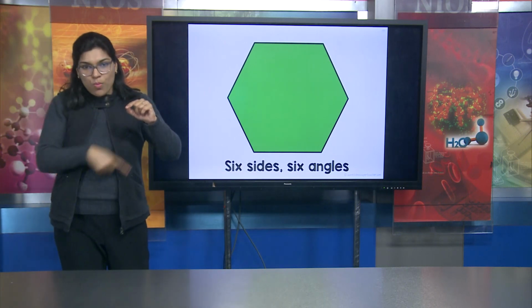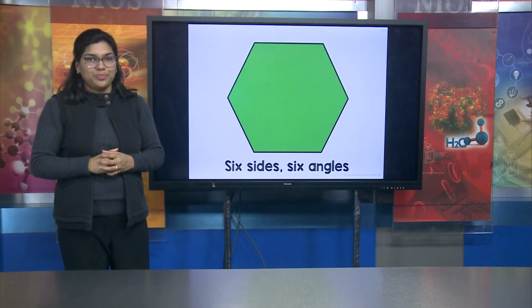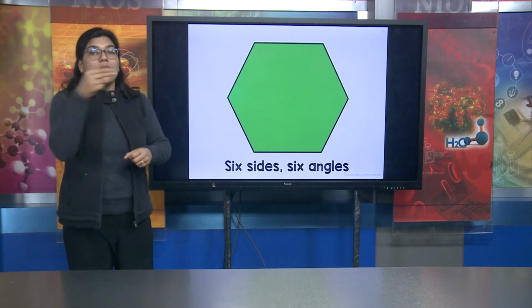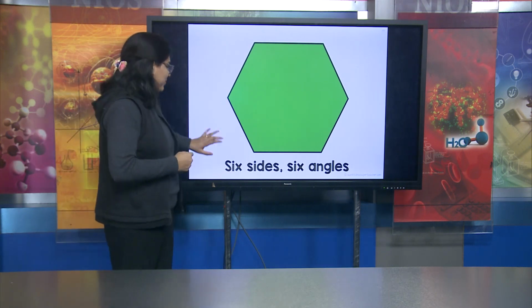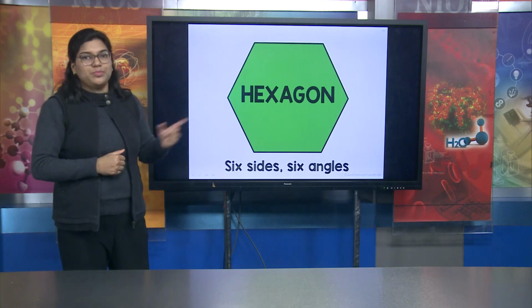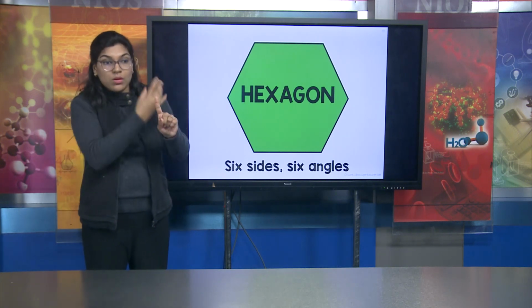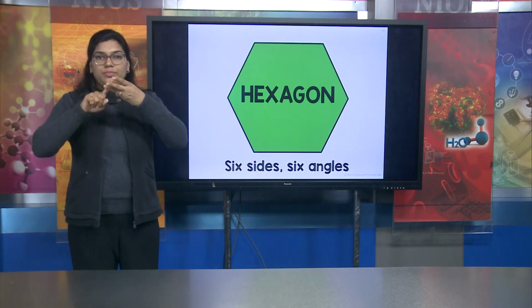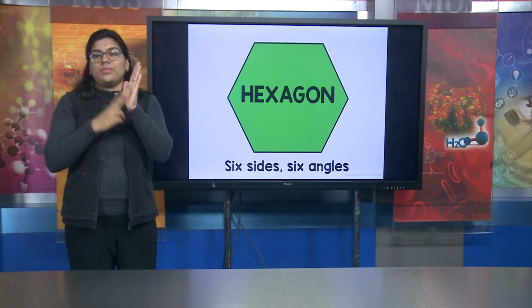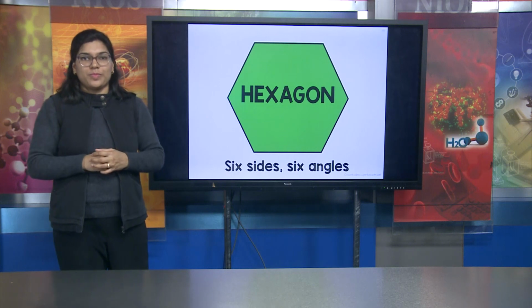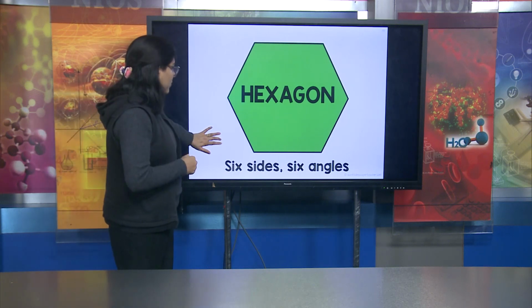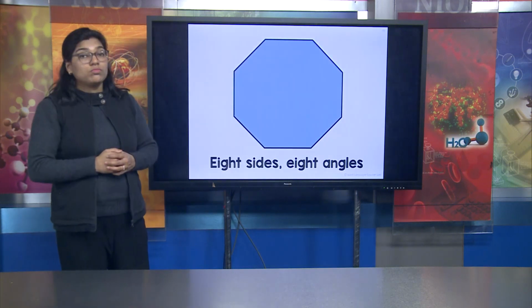So angles are also 6. So that is why its name. What do you think its name is? Let us see. Its name is hexagon. Any image with 6 sides is a hexagon. Okay. Now let us move further.